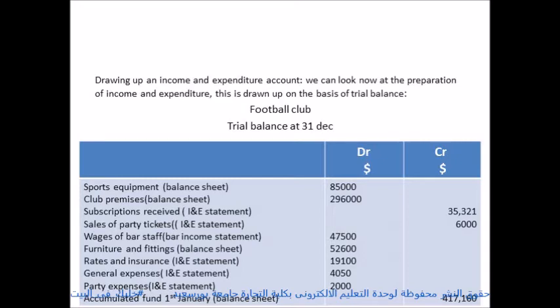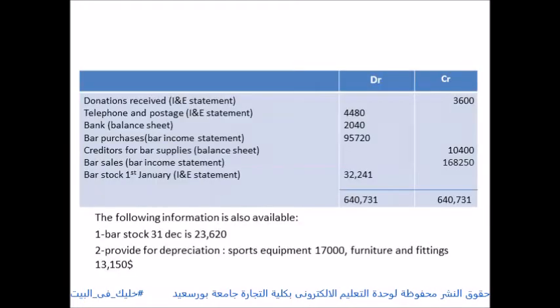Okay. Furniture and fittings, balance sheet, 52,600. Rates and insurance, income and expenditure statement, 19,100. General expenses, which is expenses, 4,050. Party expenses, and accumulated fund at 1st of January as balance sheet, it's given 4,160. Donations received, income and expenditure statement, 3,600.